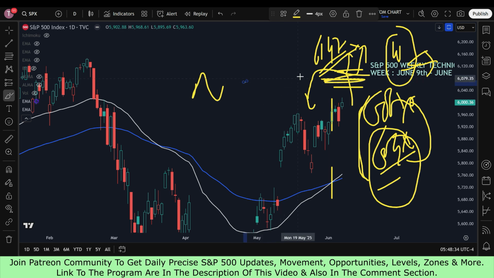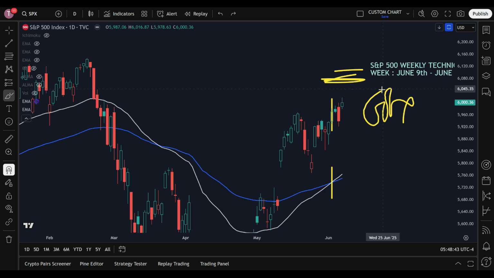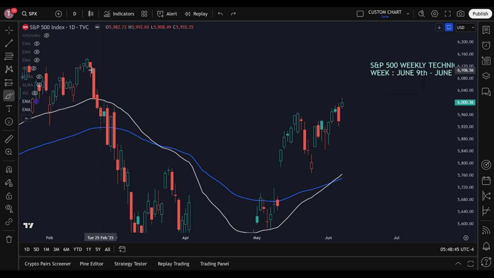One more thing you need to understand: even if on Wednesday the data suggests that there will be more bullish movement, this does not mean that the S&P 500 will move up in a straight line and hit the all-time high. No, this will not happen like this.